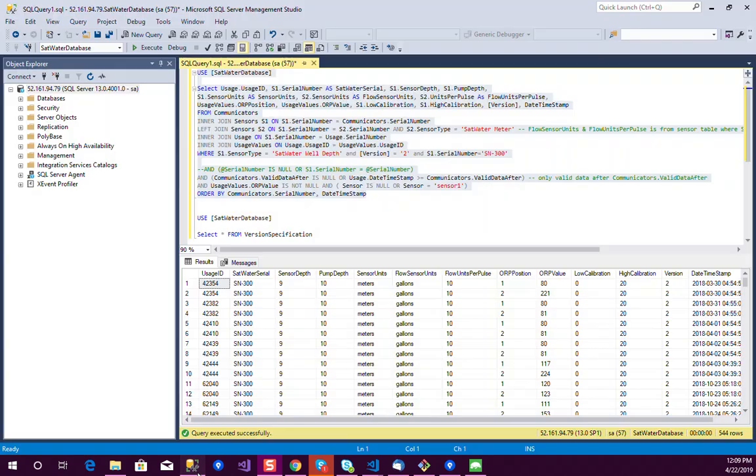So for example, for SN 300, the low calibration is 0 and the high calibration value is 20, and the ORP value on position 1 is 80 and the ORP value on position 2 is 2 to 1 on 330, which is actually 329.